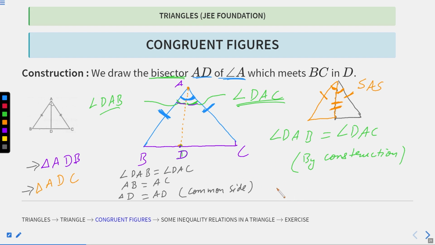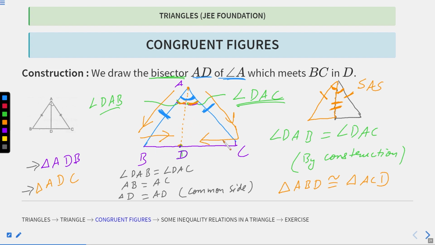So I will write that triangle ABD is congruent to triangle ACD. I hope you are clear with that.